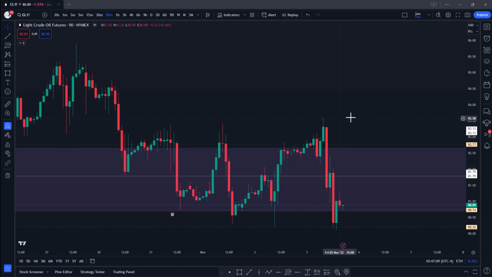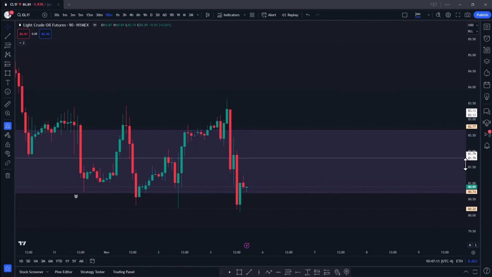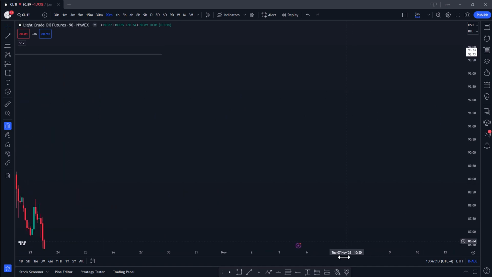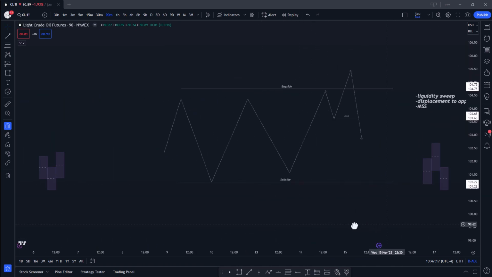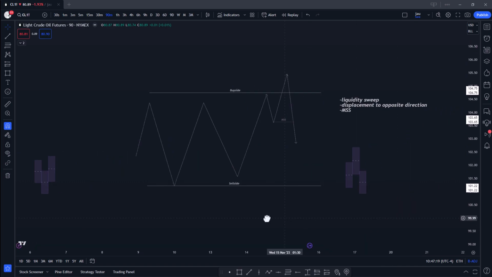I know many of you may already know what a swing high and a swing low is, but I said I'm going to break it down as much as possible so that anyone that might not know what I might be explaining in this video would fully understand. So a market structure shift happens when a swing low has been swept and we got a candle close below that swing low.